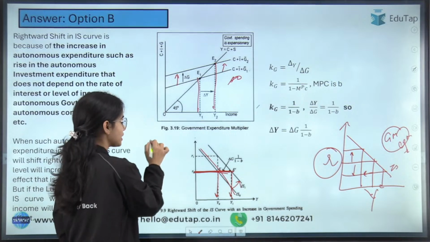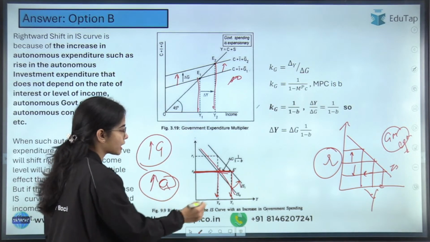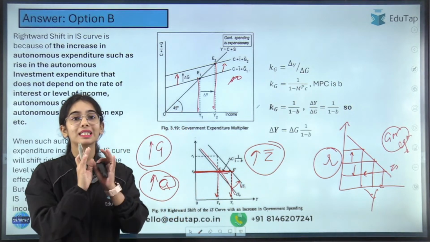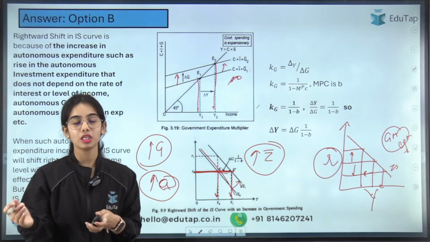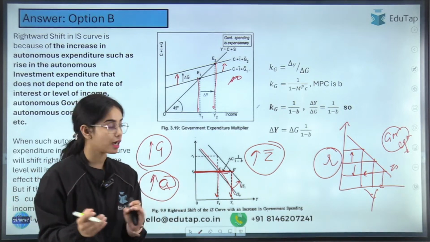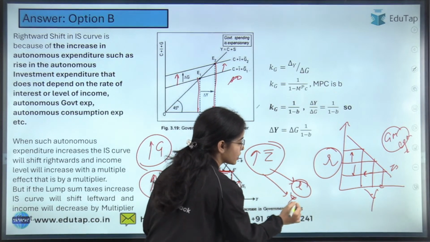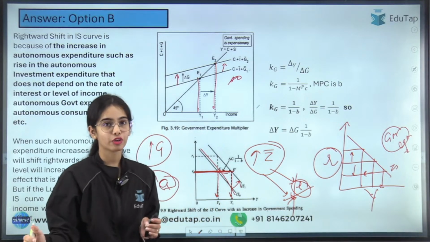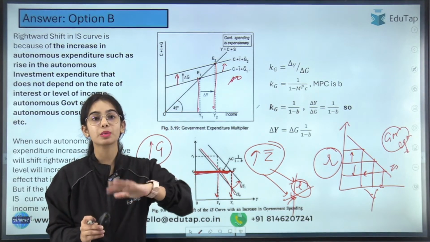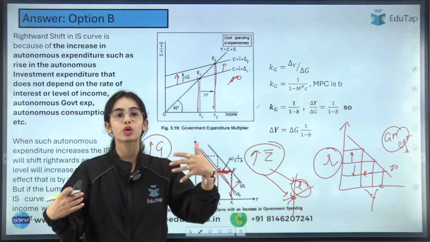So with the increase in autonomous government expenditure, autonomous consumption, autonomous investment. In the IS-LM model, autonomous investment is the investment that does not depend upon the level of income, and it also does not depend upon the rate of interest. Let's say, at the same rate of interest, the population has increased, so for the higher population, more houses are being built.